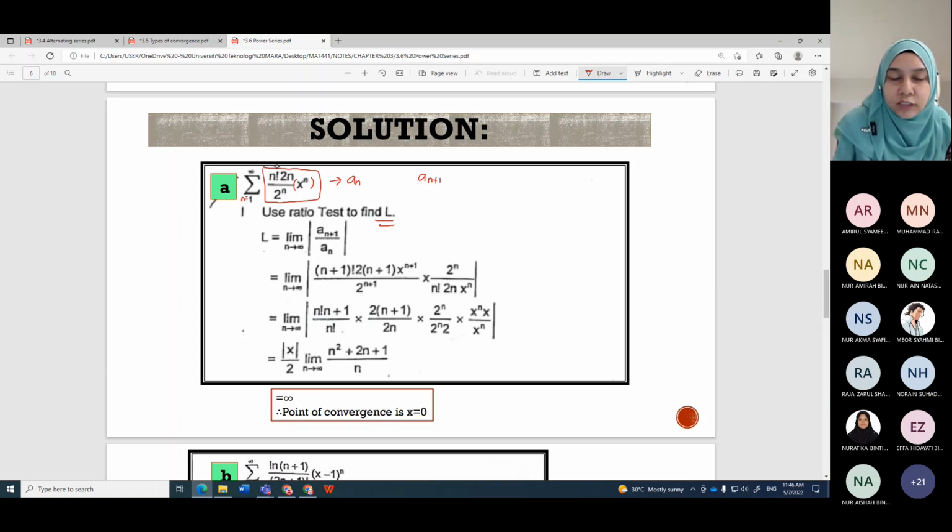Perlu modify lah daripada sini. So, dia akan jadi n plus 1 factorial 2 times n plus 1 over 2 n plus 1 times x n plus 1. Dia akan jadi ini lah A sub n plus 1. Divide by A sub n, kita darab lah. Terbalikkan function ini. So, akan dapat yang ini.